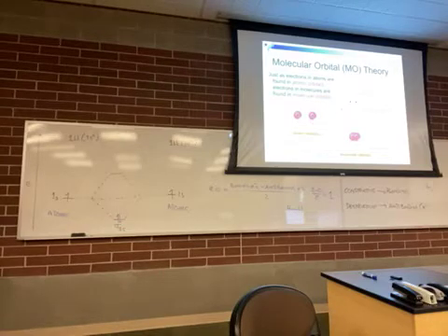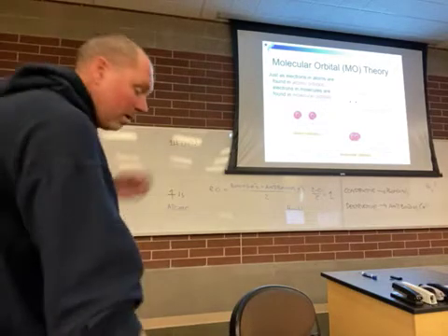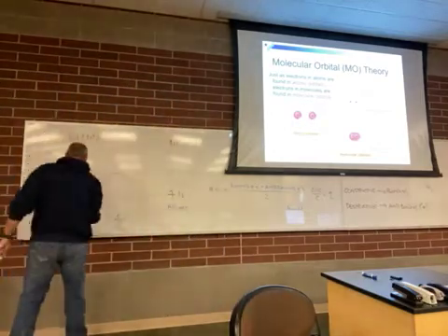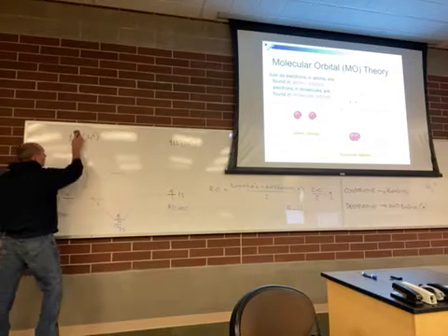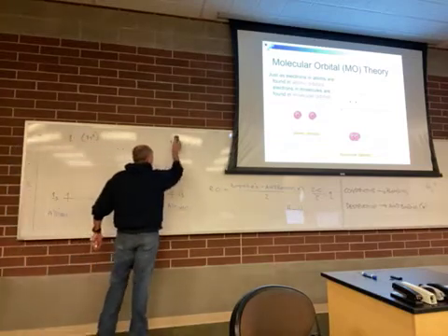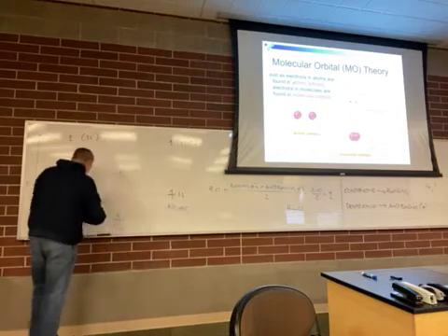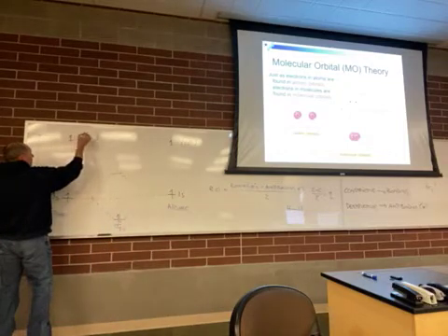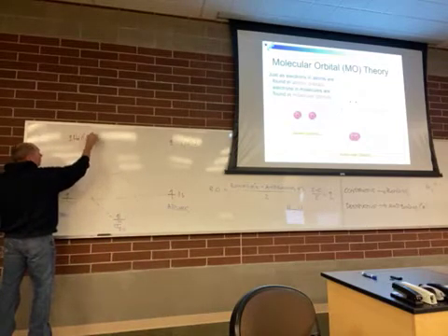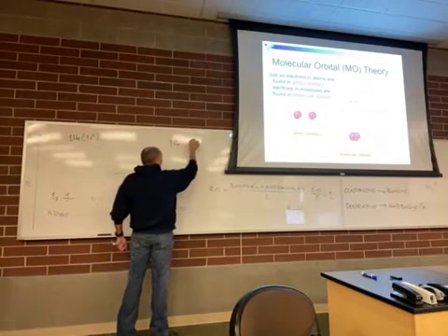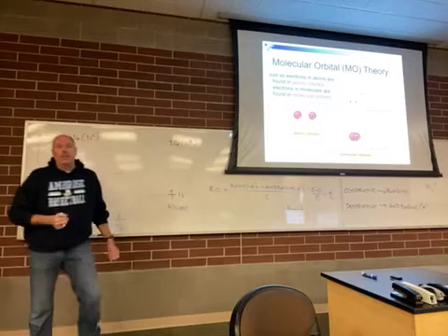So let's see if molecular orbital theory can help us with this. So if I bring in 1 helium and 1 helium. Helium has an atomic orbital of 1s2, correct?